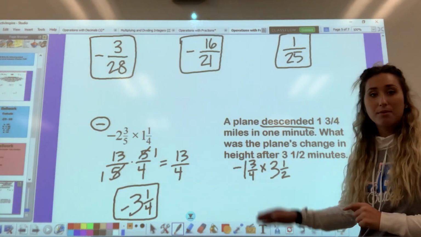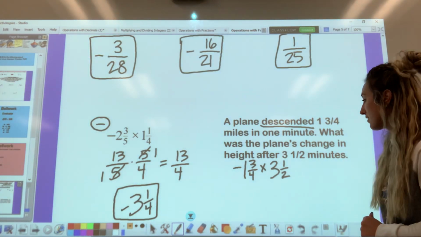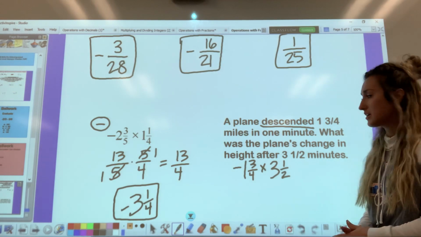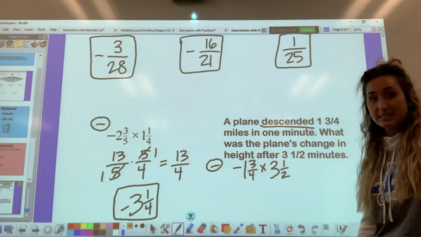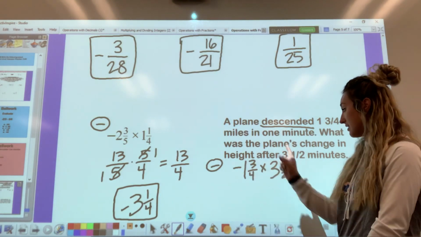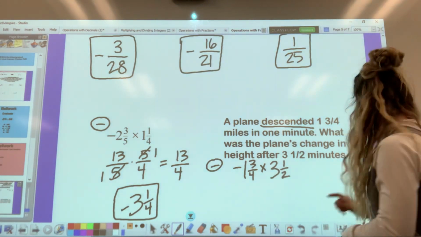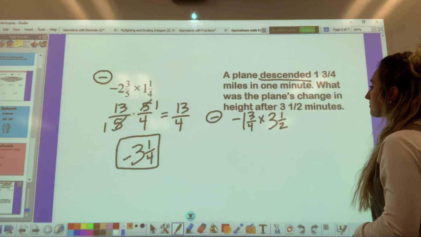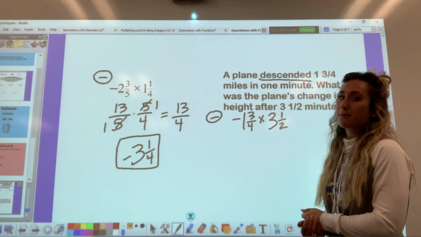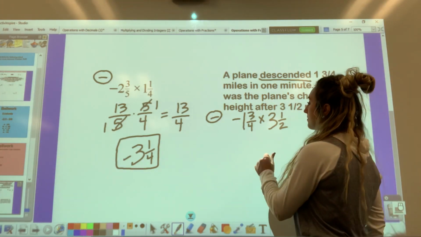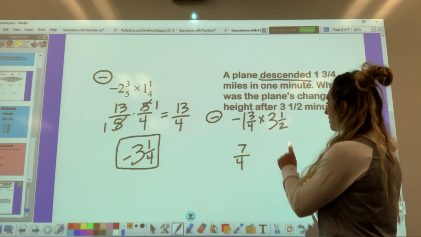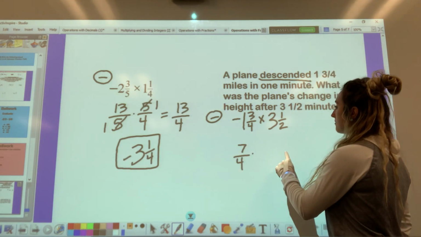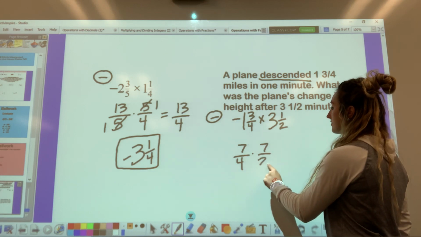So this is the problem that we're setting up to solve. Let's make it a little bit easier. We know our answer is going to be negative. 1, because the plane is descending, and 2, because we have a negative times a positive. So let's make these improper. 1 3/4 becomes 7/4, and 3 1/2 becomes 7/2.